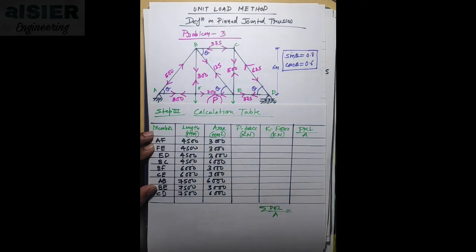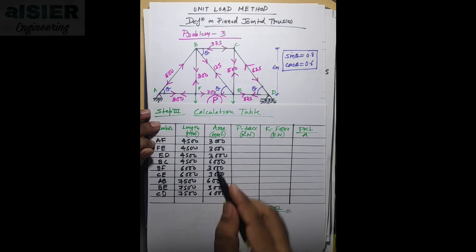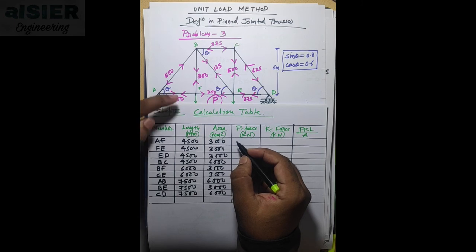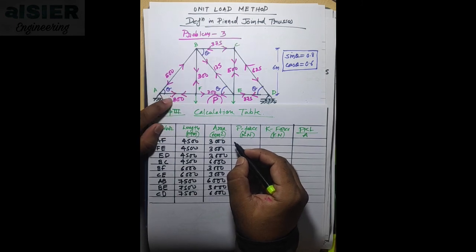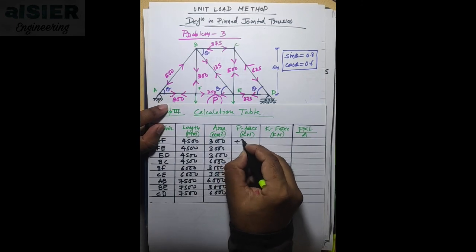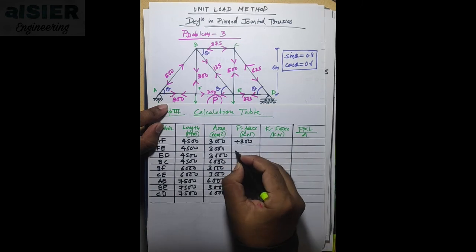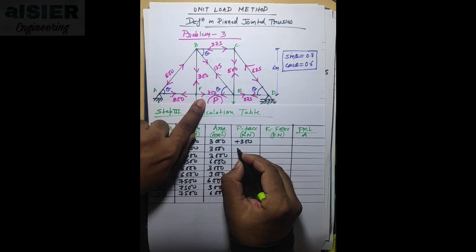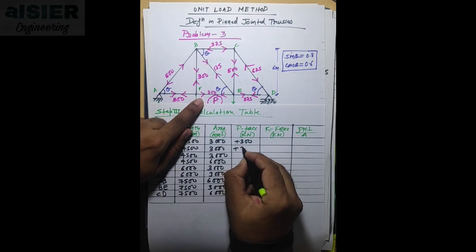Then we will write down P force. First is AF. This is tensile towards the joint, so plus 300. Then next is FE. Again this is tensile, so plus 300.